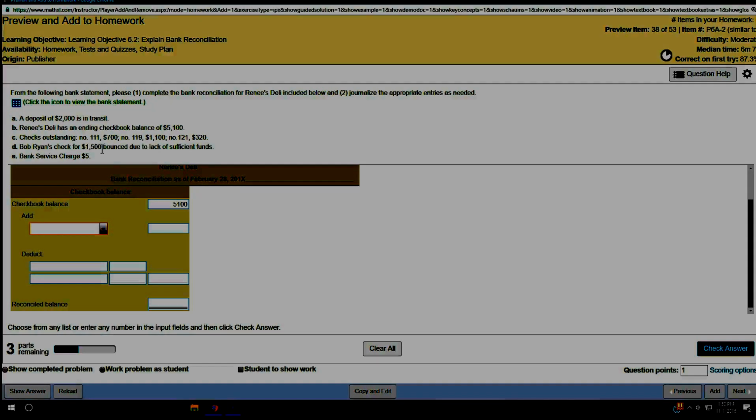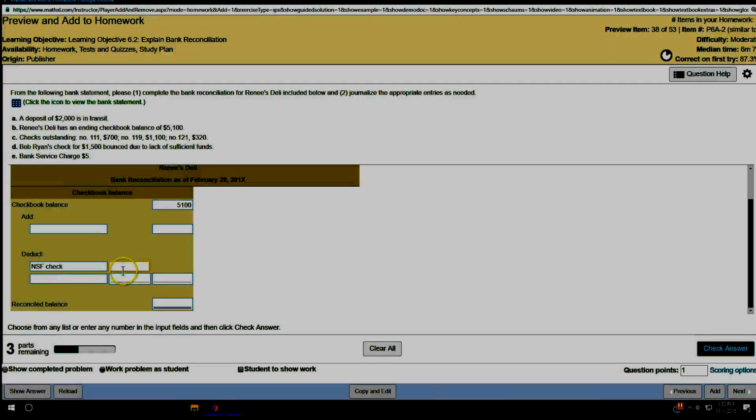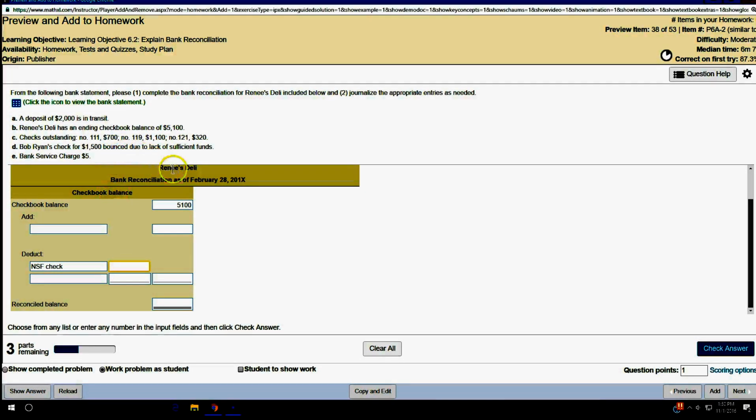They subtracted the $1,500 from our account, so NSF stands for non-sufficient funds. Given that the bank has subtracted the $1,500 from their balance, we have to do in kind the same thing. So we have to subtract that $1,500.